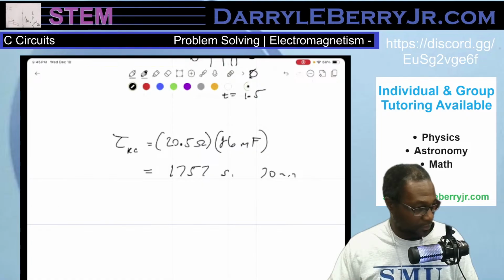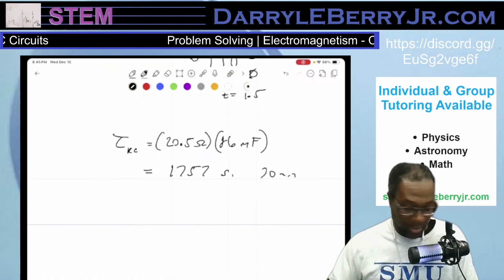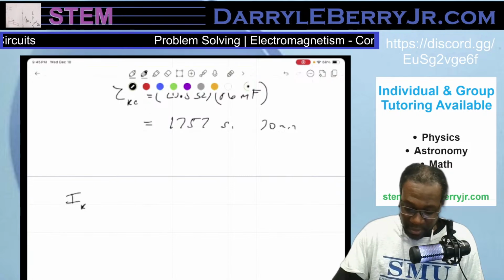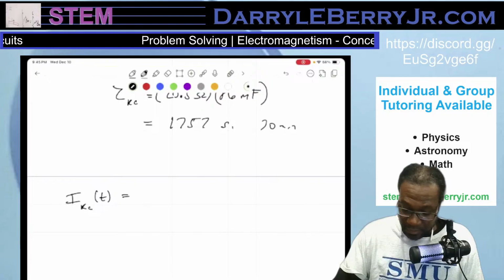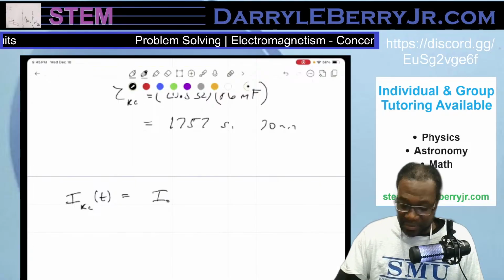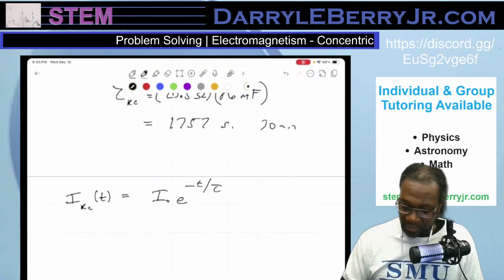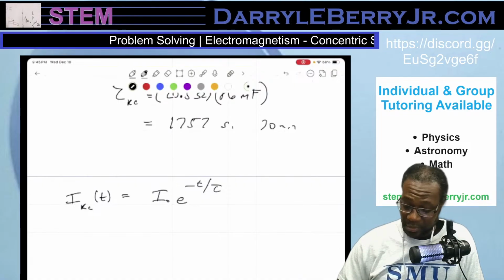Next thing we have here, I have my current. And for the RC circuit, the current goes like this. I_RC at t is going to equal I naught e to the negative t over tau, and hopefully they give us this equation in the exam. So I can use this to find out the current at any point in time.